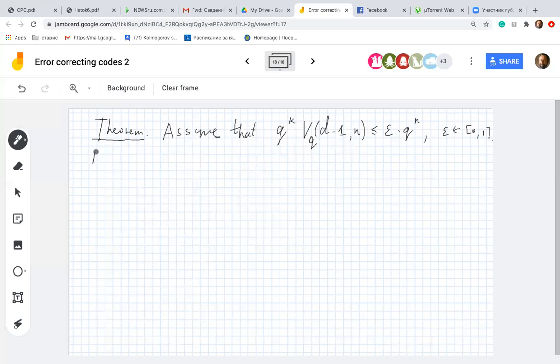Then with probability larger than 1 minus epsilon, even strictly larger, despite the fact that we have here a non-strict inequality, we can claim that the probability is strictly larger than 1 minus epsilon, the minimum distance of C alpha is at least d.